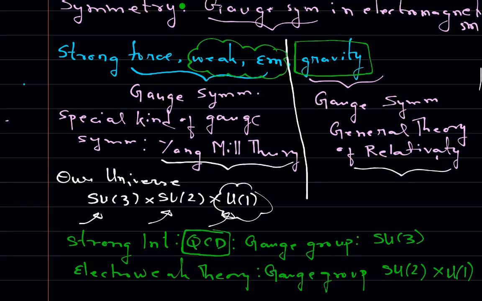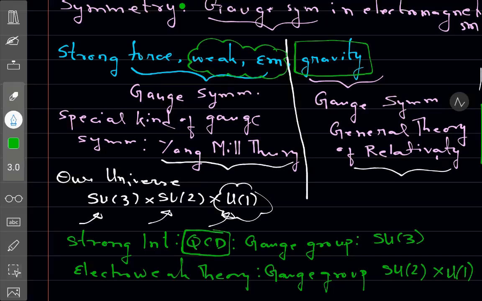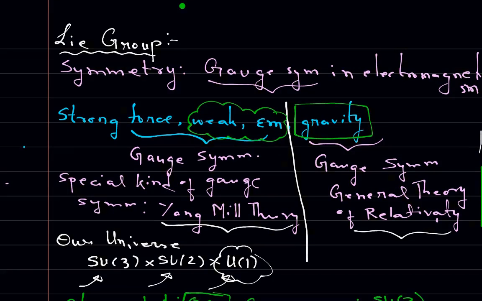They are all part of Lie groups, which is why the name of our chapter is Lie groups. That's the initial motivation: when we understand Lie groups, we can understand the whole idea of the standard model.